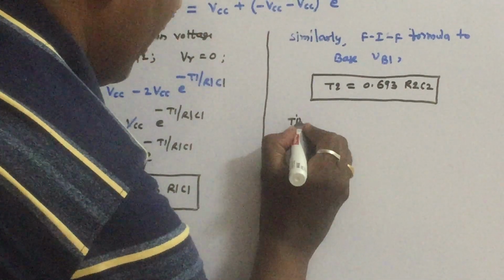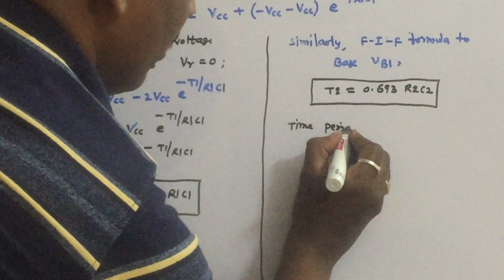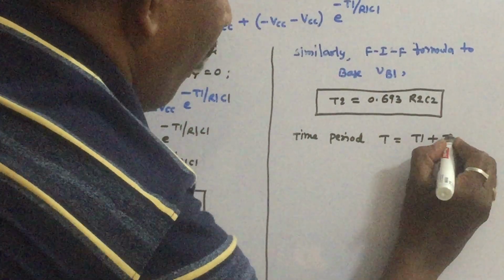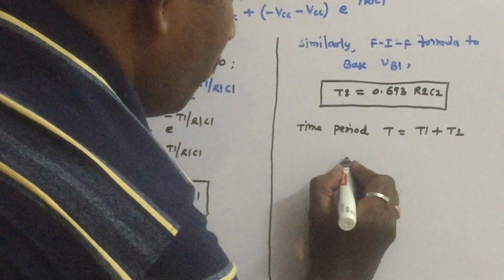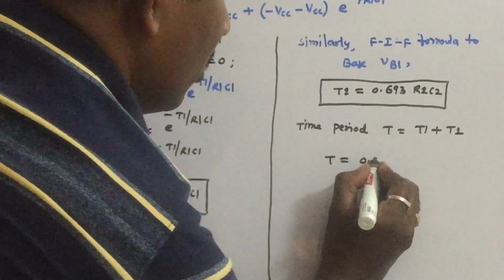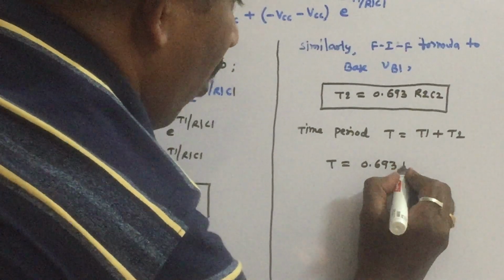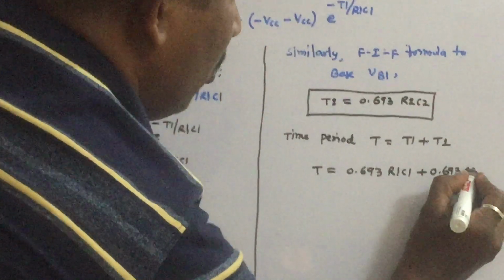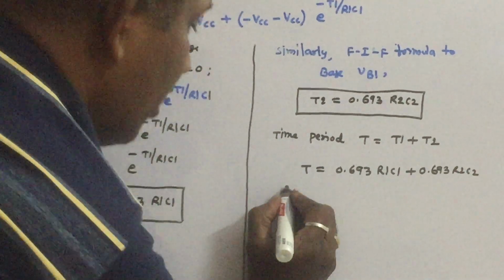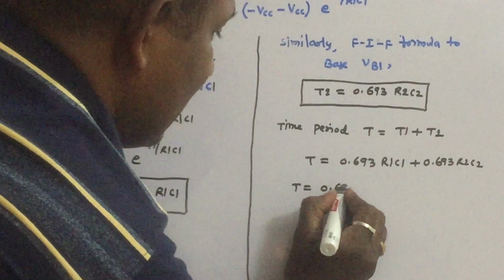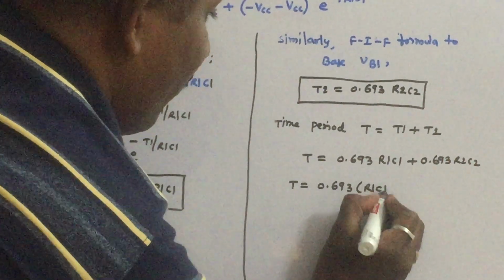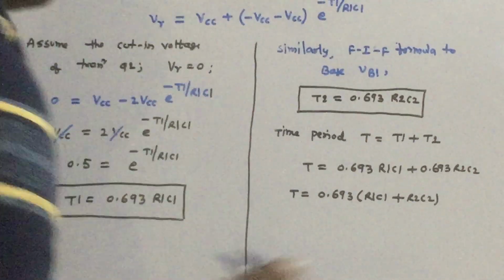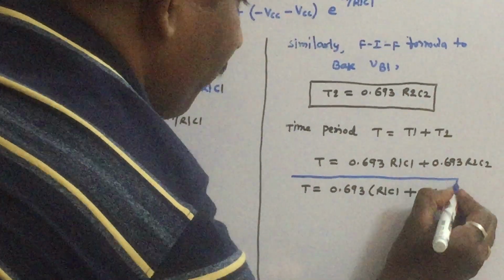Capital T is equal to T1, the on time, plus T2, the off time. Substituting, capital T is equal to 0.693 R1 C1 plus 0.693 R2 C2. Taking 0.693 common, 0.693 into R1 C1 plus R2 C2. So this is the period of oscillations of the square wave.